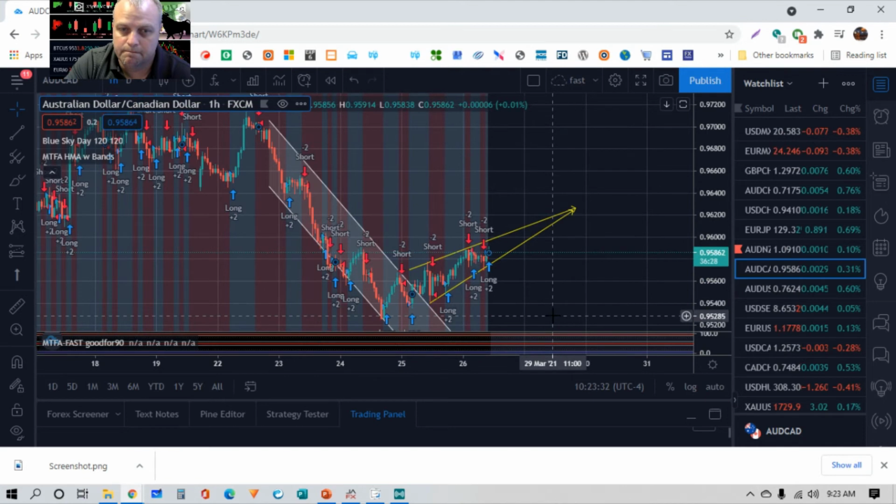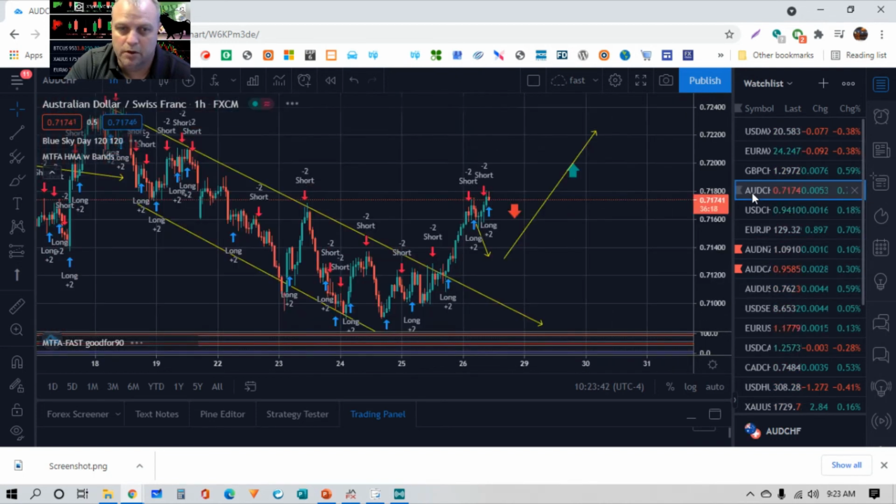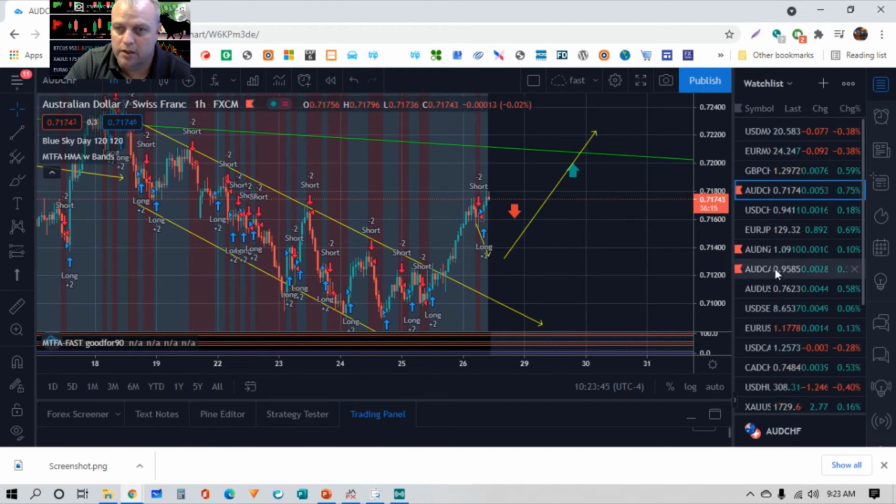See? That's where it's getting narrower and narrower. So we'll keep an eye on that one. I think it's my other one, wasn't it? Yeah, so we'll keep an eye on that one.